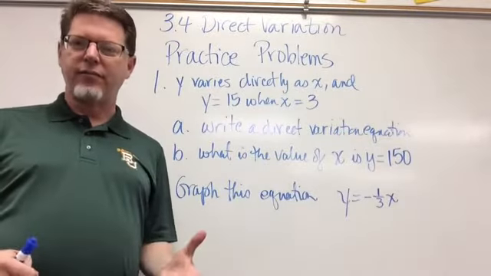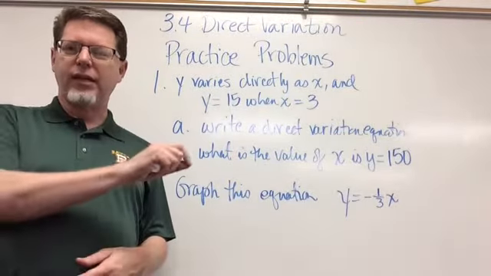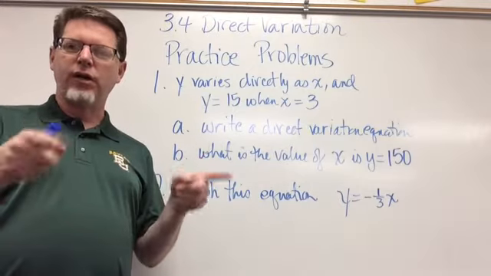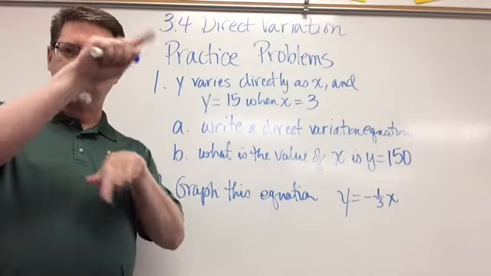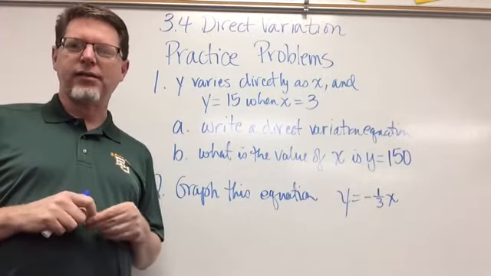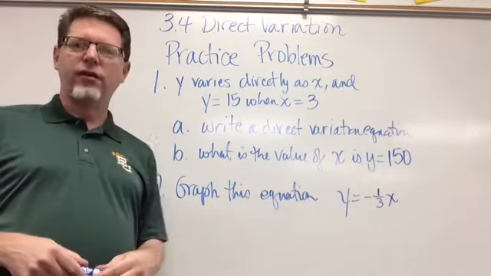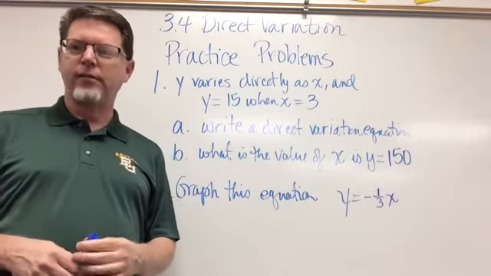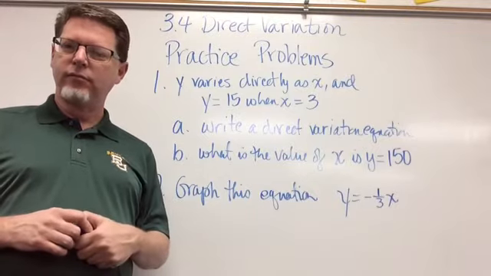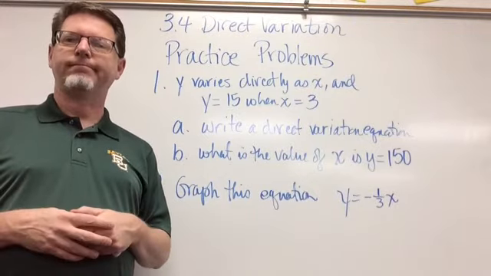I know you don't have graph paper, but draw a simple x-axis and y-axis. Mark it off, just like I did, with little tick marks on the x-axis and the y-axis, and then graph y equals negative 1/3 x. Take a picture of your practice problems and submit it via Edmodo, and that's all.